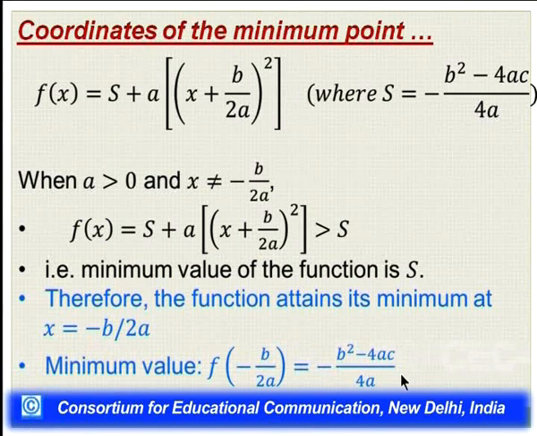That minimum value, because it's achieved at x equal to minus b upon 2a, therefore x equal to minus b upon 2a is where the function attains its minimum.